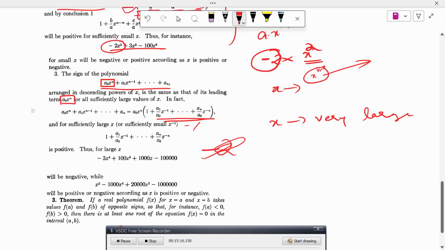It will be between minus 1 and 1 inside that one. So we will get this term positive and it will depend upon this. So these are the 3 results you will have to learn: the sign of the polynomial when x values are different.